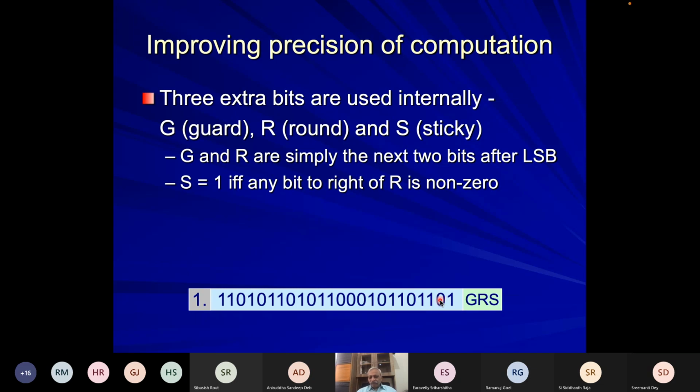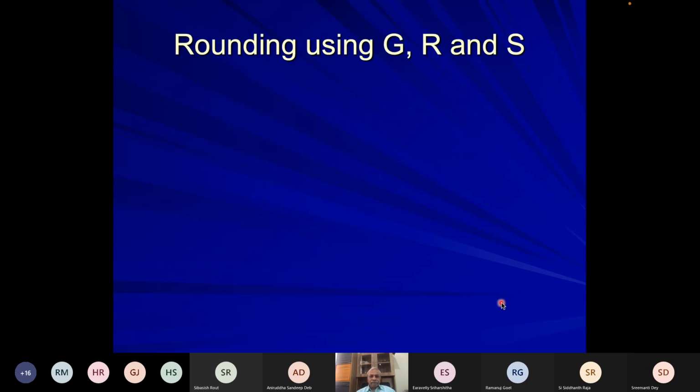But for performing arithmetic, you imagine these extra bits are 0 to begin with, but as you shift right and do arithmetic, these may become non-zero. With the final result, you perform rounding off as per this logic.